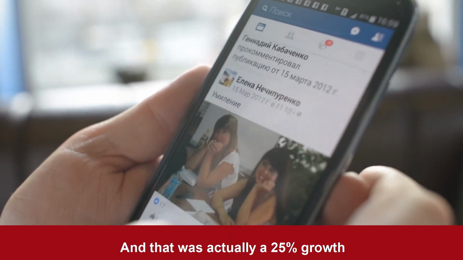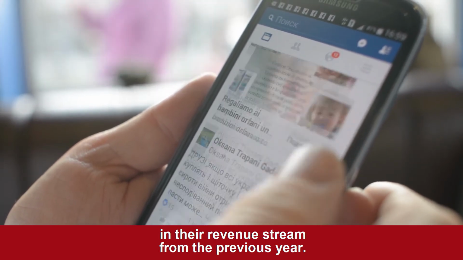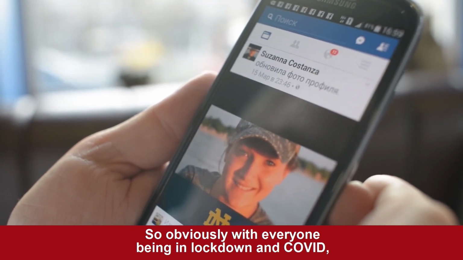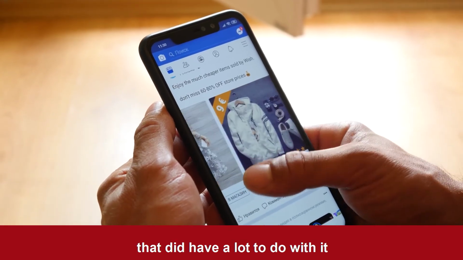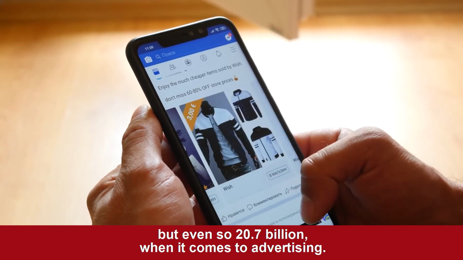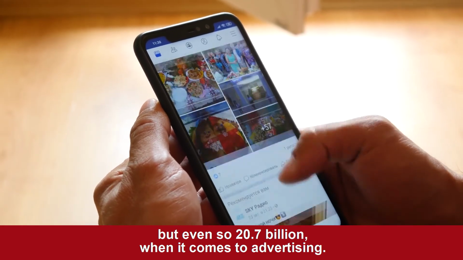And that was actually a 25% growth in their revenue stream from the previous year. So obviously, with everyone being in lockdown and COVID, that did have a lot to do with it. But even so, 20.7 billion when it comes to advertising.